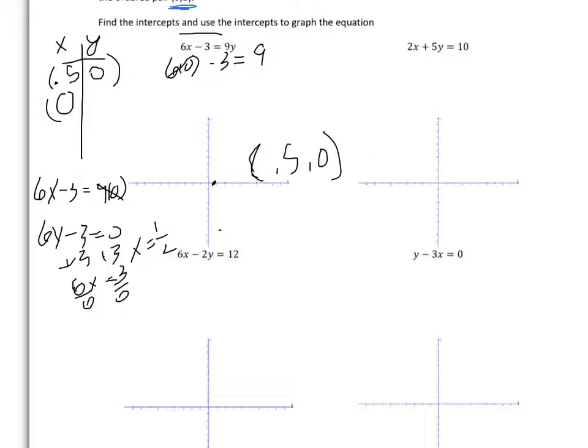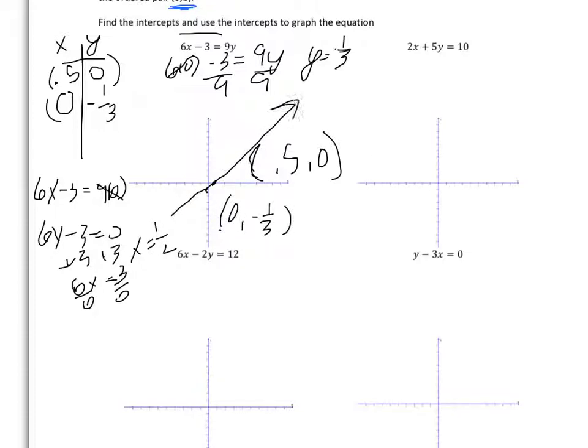So those cancel off, and we get negative 3 equals 9y, divide both sides by 9, and we get y equals negative 1/3. Okay, so when x is 0, y equals negative 1/3. We can plot that point right there. So we have 0, comma, negative 1/3. We have our x-intercept and y-intercept, which are 2 points, and we can draw the graph of that line.